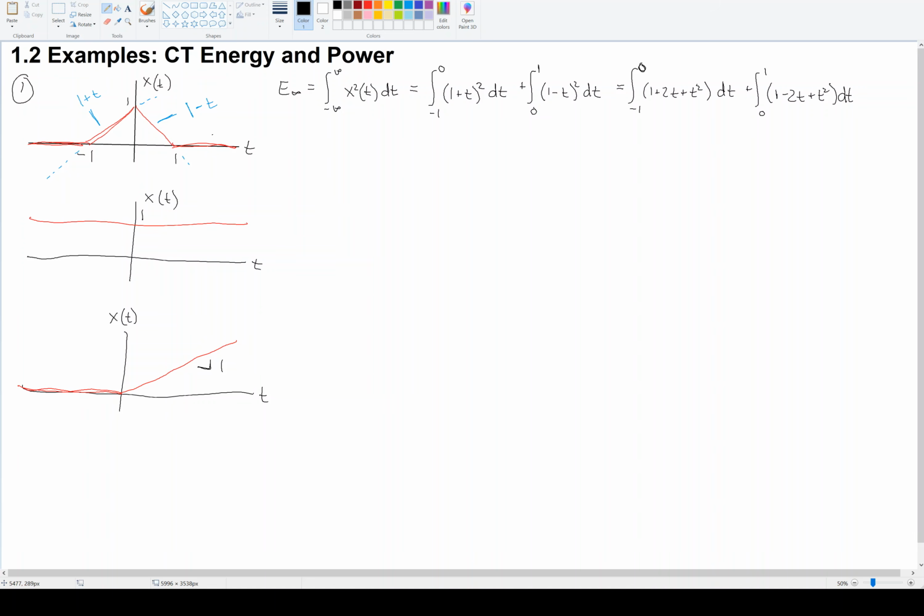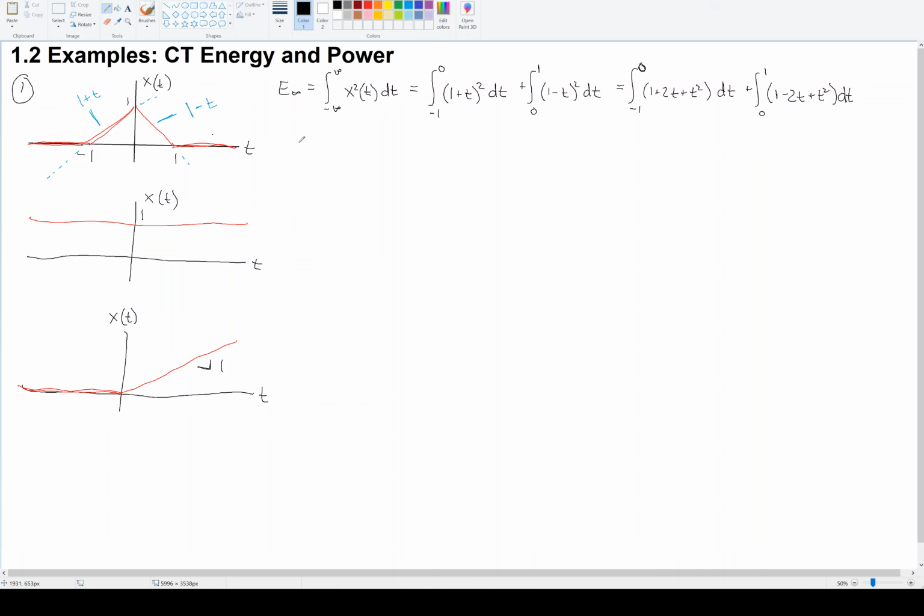Again, you might ask, where did the infinities go? The integral from -infinity to -1, not shown here, is going to be 0 because the signal is 0, so I just left it off. The piece from 1 to infinity, I've also left off, and that's going to give us 0 too because the signal is 0.